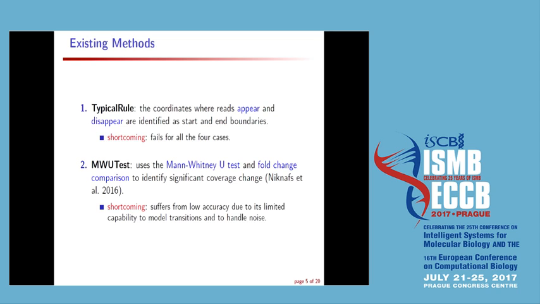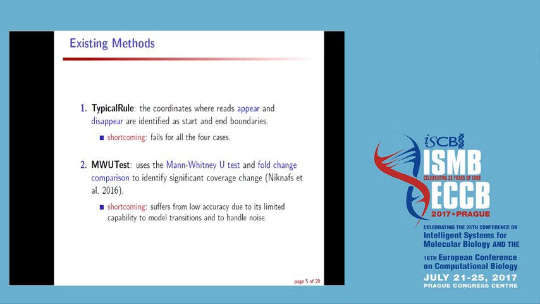Another better and more sophisticated method is called MWU test, which uses the Mann-Whitney U-test and fold change comparison to identify positions where the read coverage significantly changes. Despite that, this method still has very low accuracy because of its limited capability to handle noise and to model transitions.